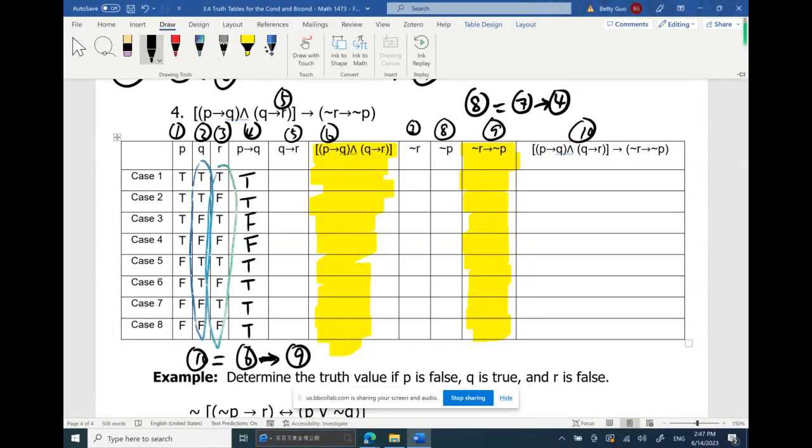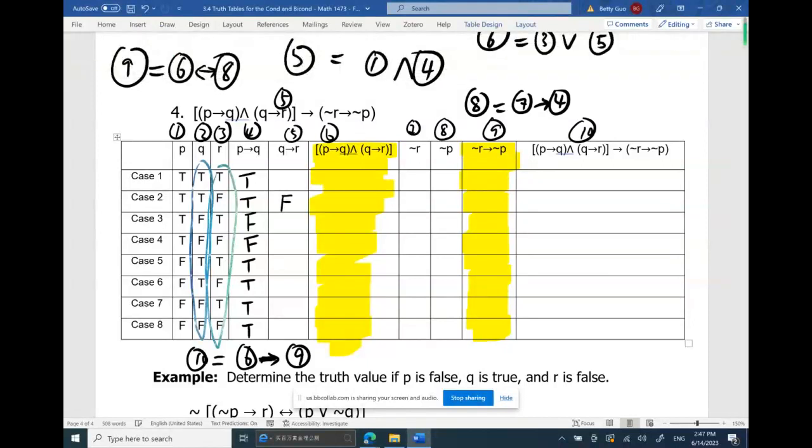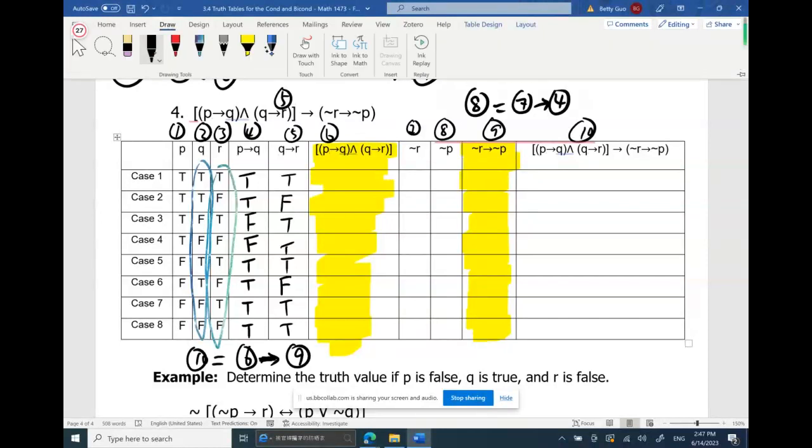Let's see. Trust the friends forever. All other cases are T, T, T, T, T, T. Okay, let me double check. Trust the friends forever, case number 2. Trust the friends forever, case number 6. Yeah, that's correct.